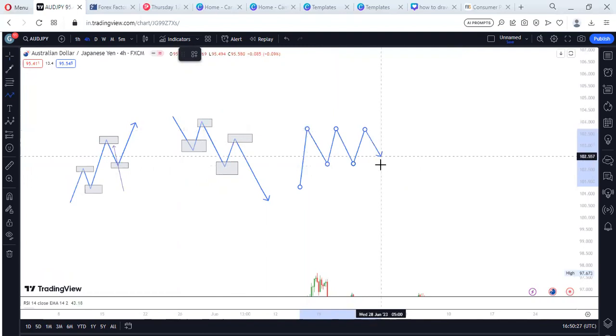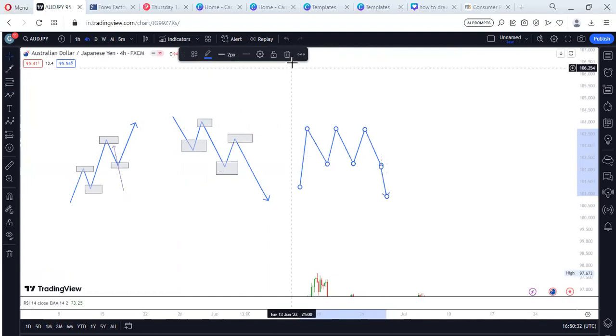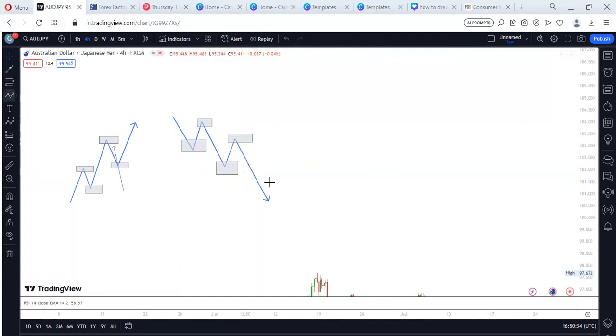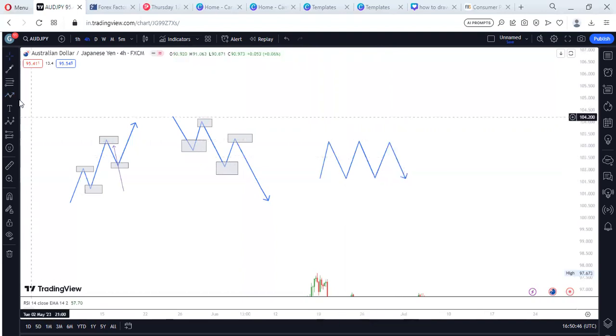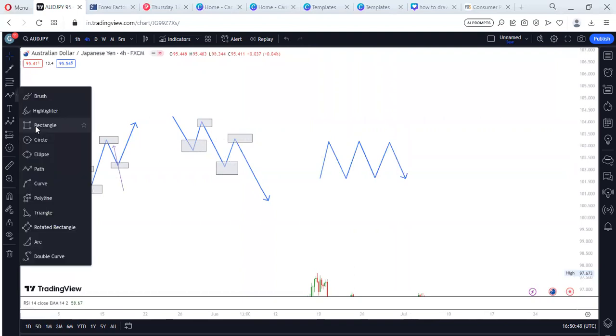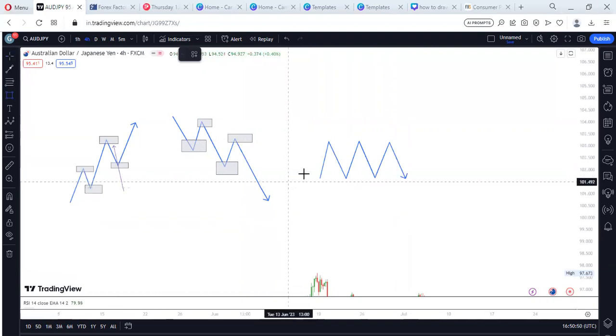So this is a consolidating market. A consolidating market is when price is moving within certain prices.